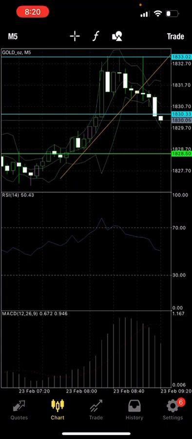Because the 1 minute time frame is very fast and it fluctuates, and it's always based on the spread your broker is going to give you, it depends on how fast you are.